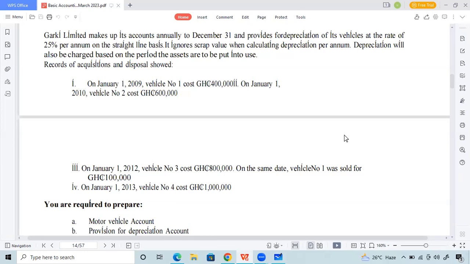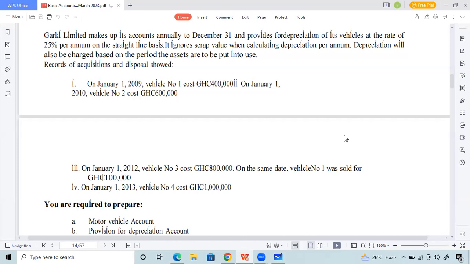Guarantee Limited makes up its accounts annually to 31st of December and provides for depreciation of its vehicles at the rate of 25% per annum on a straight line basis. It ignores scrap value when calculating depreciation per annum. Depreciation will also be charged based on the period the assets are put into use.